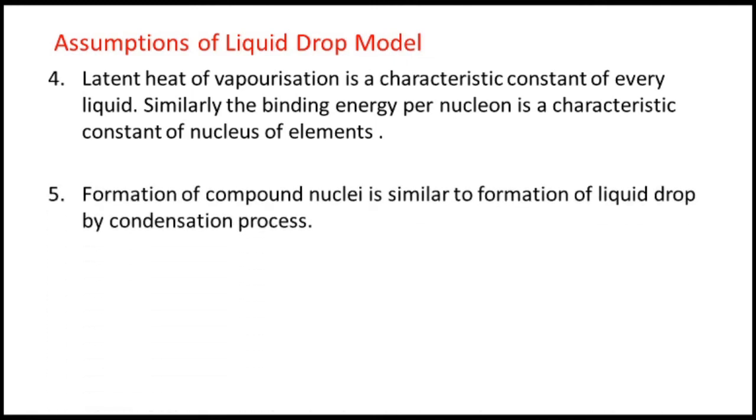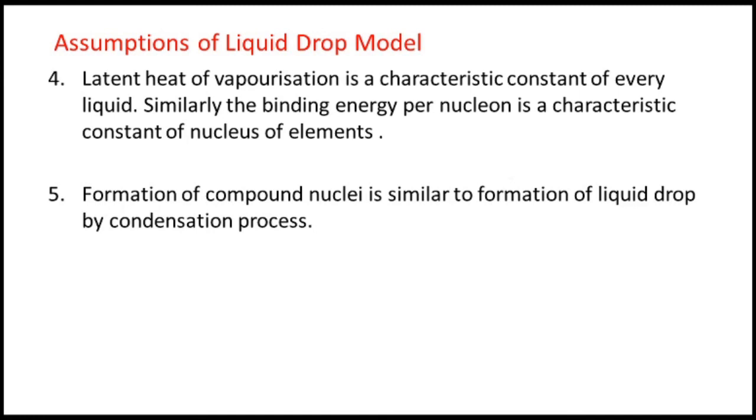Now, how is a liquid drop formed? A liquid drop is formed by the process of condensation. Many liquid molecules come close to each other, they combine, and when the temperature falls, they form a liquid drop.